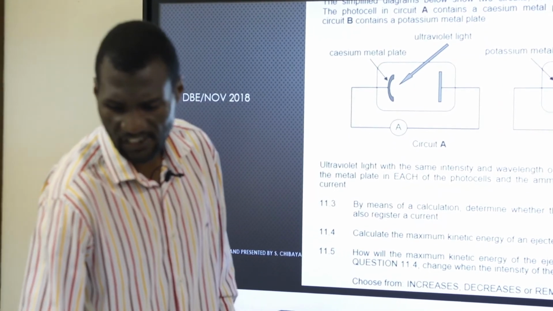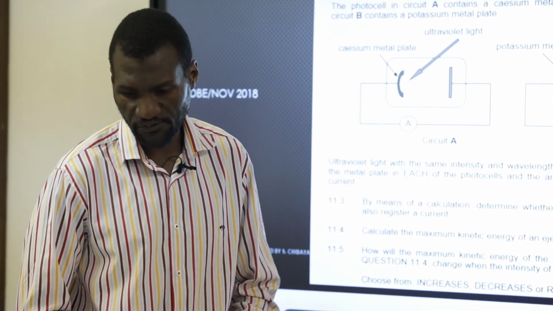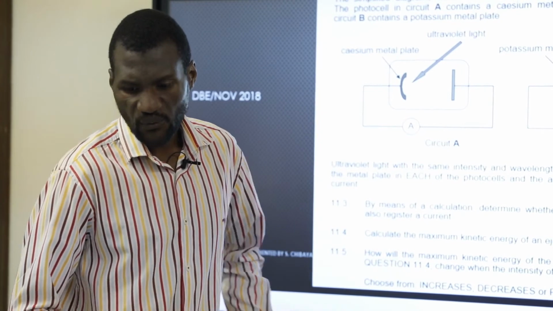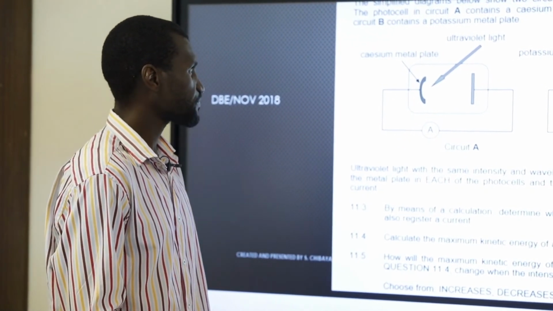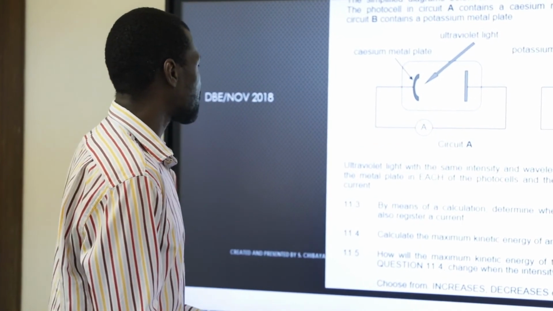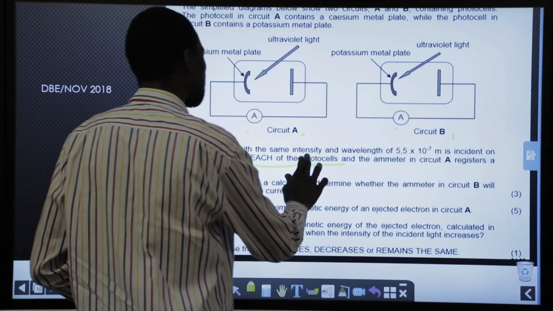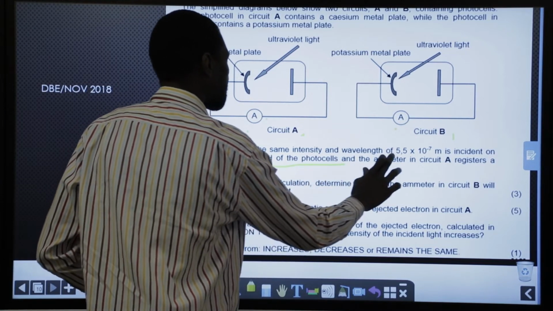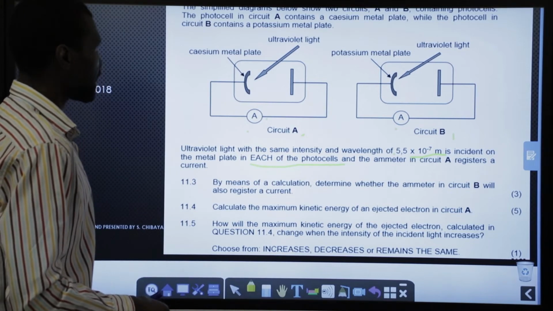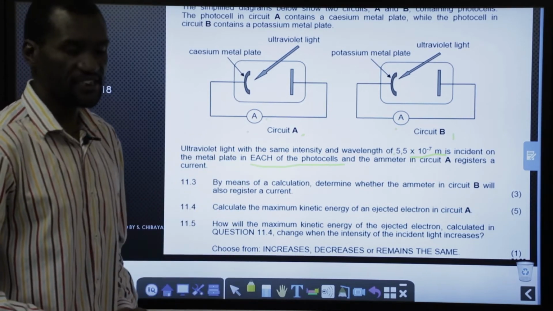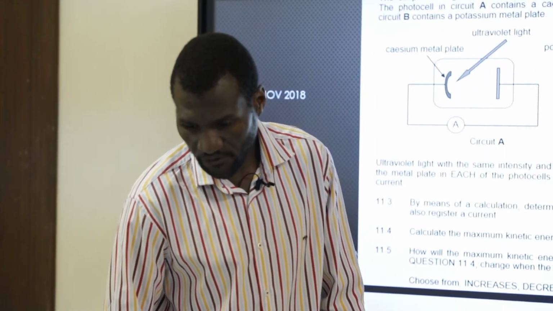So what calculation do you think they want us to find here? What calculation do you think they want us to come up with? In the question they've just given us the wavelength, and previously we were given the threshold frequency of the two different metals.